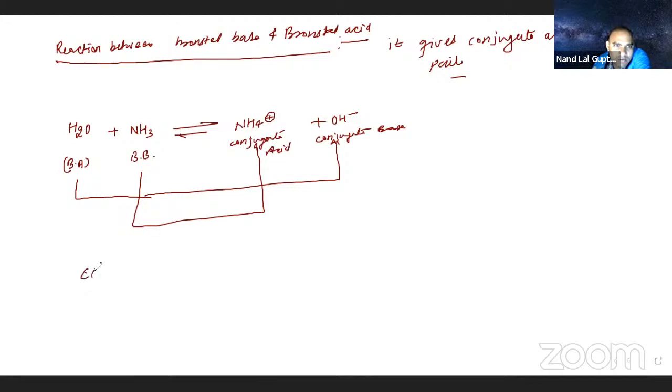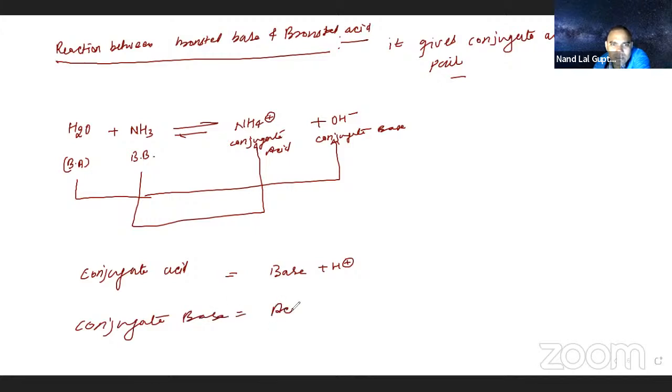Now, if you talk about the conjugate acid, how is it formed? Base plus H plus ion. If you add it, you will get the conjugate acid. If I talk about the conjugate base, conjugate base means acid minus H plus ion. This is what the concept is.